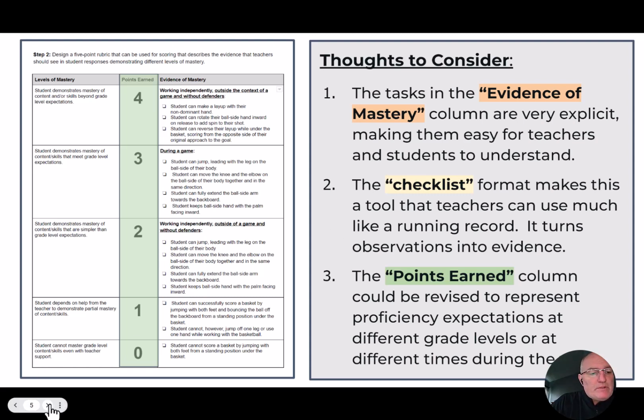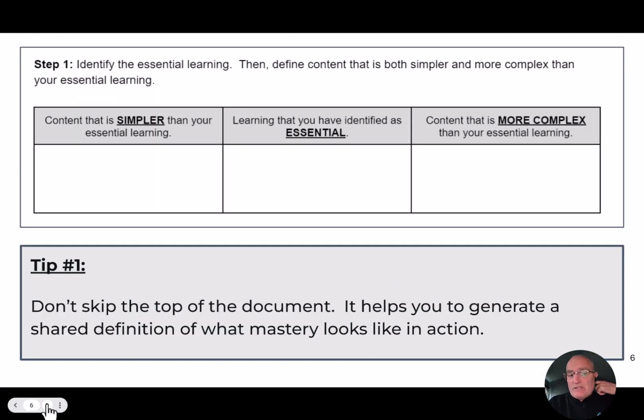Now, I'll give you a tip or two for creating your proficiency scales. By the way, down at the bottom, there's also a blank template for you. This is how I walk people through creating proficiency scales. So open that up if you want to, check it out. At the top of the doc, you'll see that there are 3 direct boxes that's drawn from the work of Bob Marzano. He says, describe the learning that is essential. What should you see every student do?